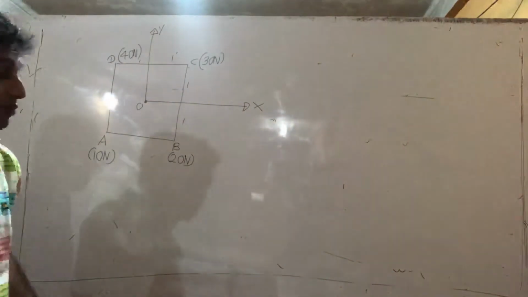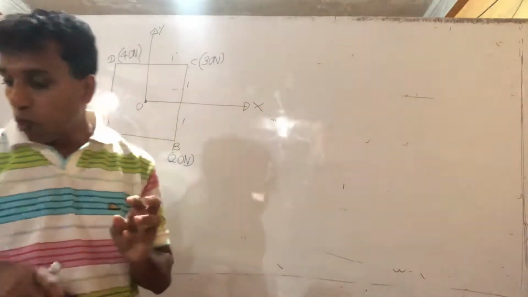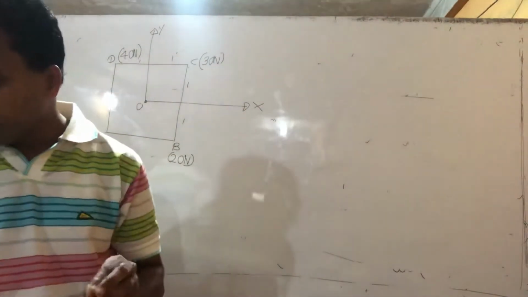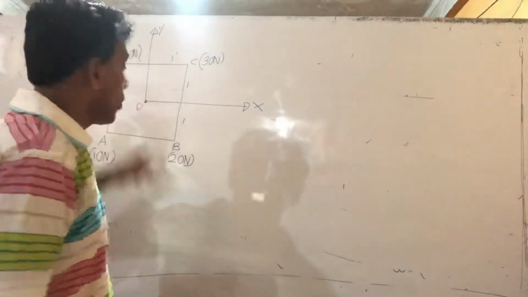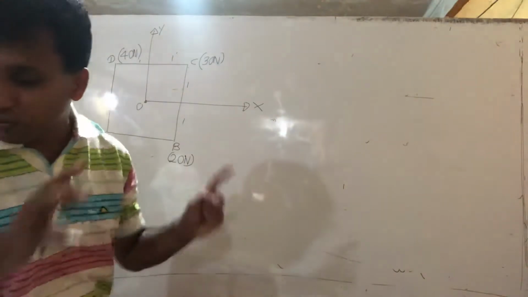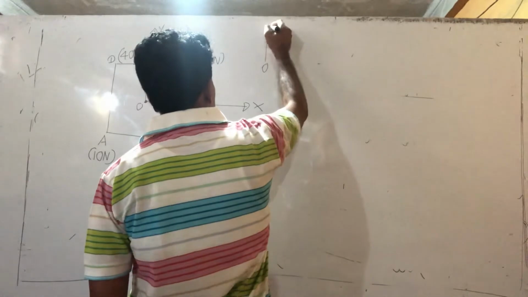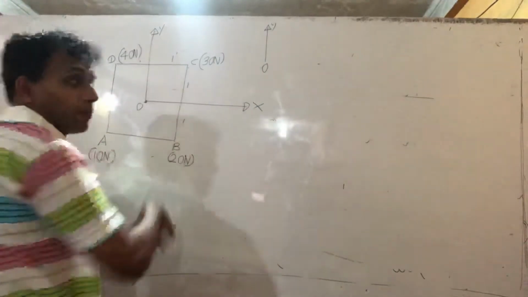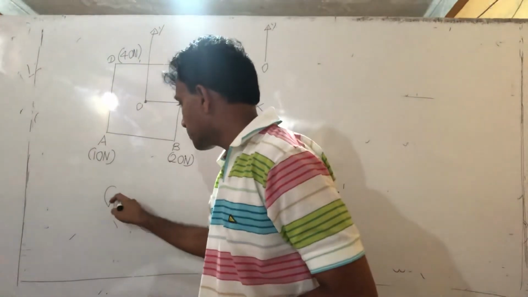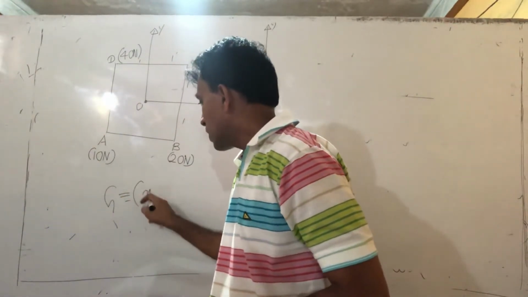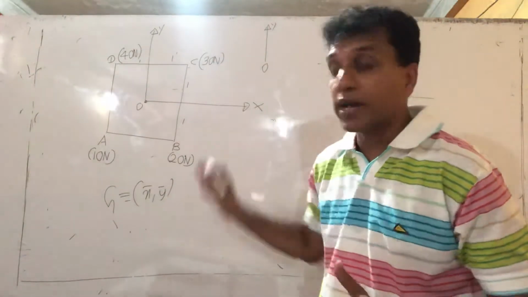So first write, take moments about OY. About OY, I take the moments for the system of particles. If I say G is (x bar, y bar), take the moments about the y-axis.